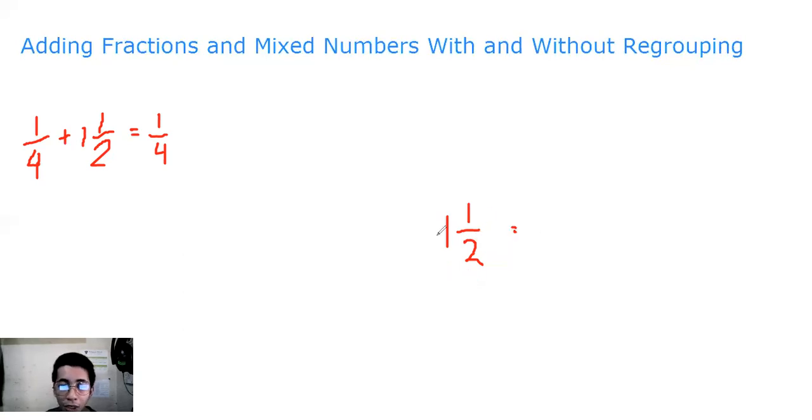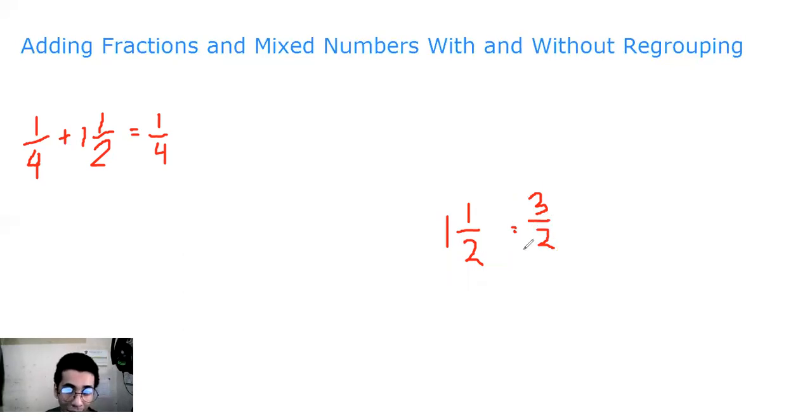So, we have 1 times 2, that is 2. Then, plus 1, magkakaroon ngayon tayo ng 3 over 2. Ilalagay natin sa numerator yung sagot natin, then copy natin si denominator na 2.